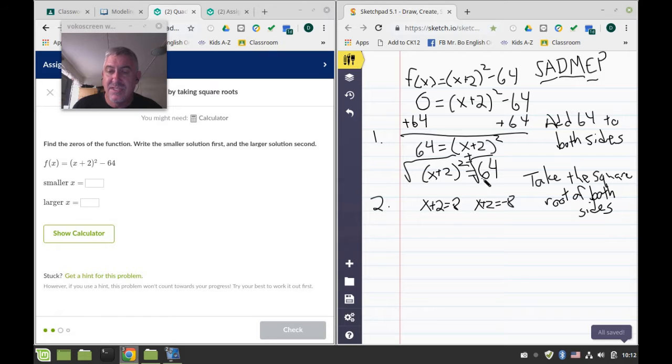Negative 8 squared is 64. 8 squared is 64. So both these are true. We need to remember when we do the inverse of a square, we're going to get a positive and negative result.